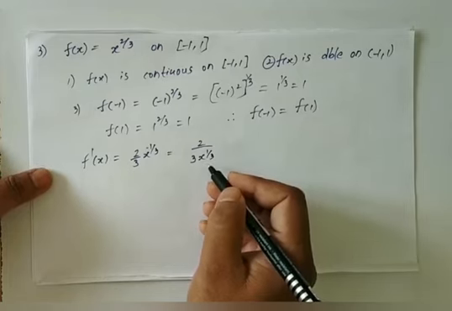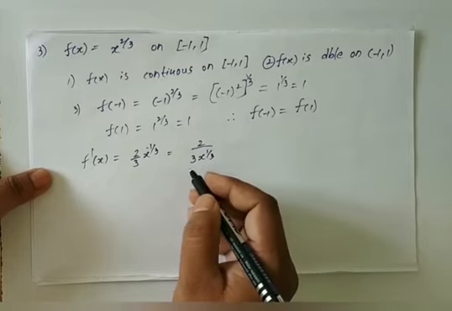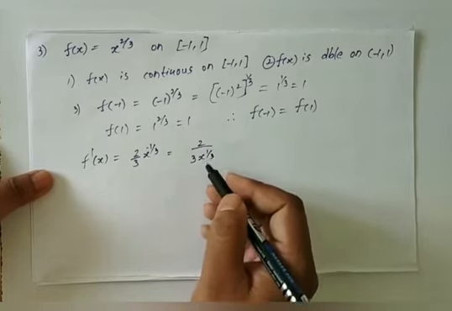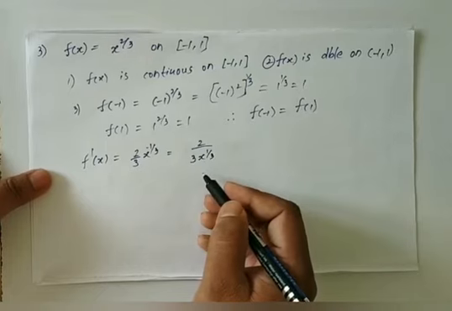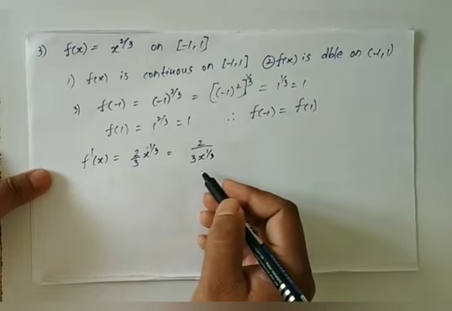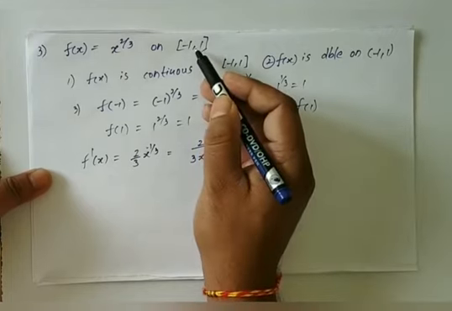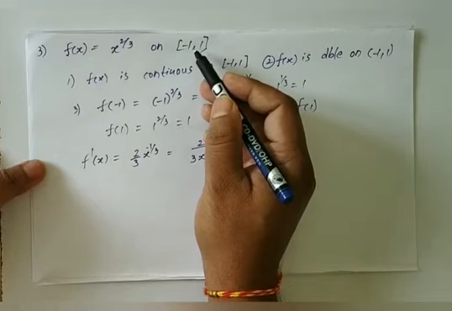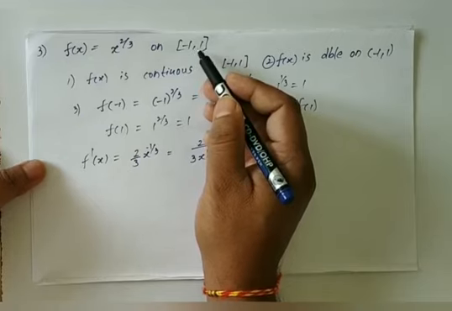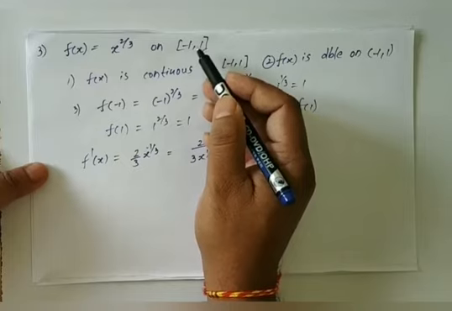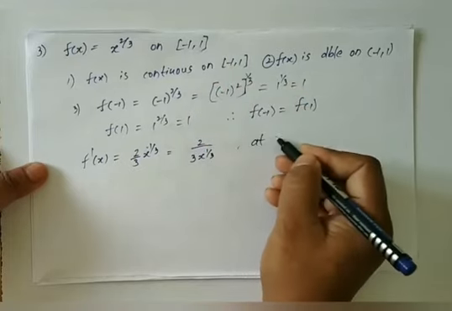Students, here you can observe, at x is equal to 0, what happened? Here I am taking x is equal to 0, I am taking 0 in the open interval minus 1 comma 1.